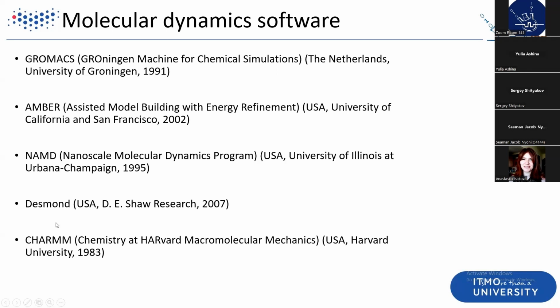The other is the Desmond software. Desmond is also scalable on multiple GPUs and CPUs, and was developed by the D. E. Shaw Research center in the US, to perform high-speed molecular dynamics simulations using a conventional computer cluster.